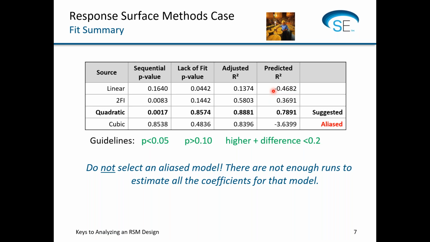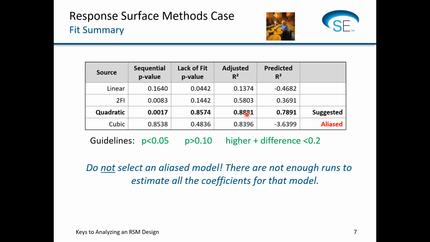That means that the overall average of the data is just as good of a predictor as the model. So not a good result. But here, the two-factor interaction model is explaining 36% of the variation in predictions, and the quadratic is explaining 78% of the variation in predictions. So all good.